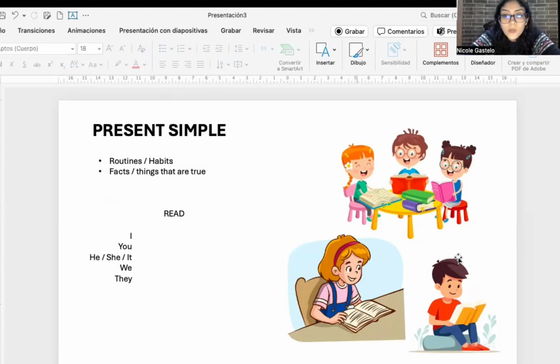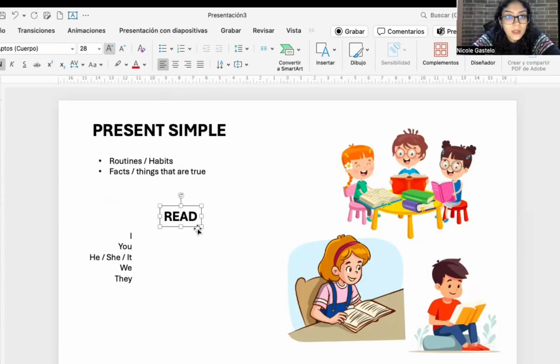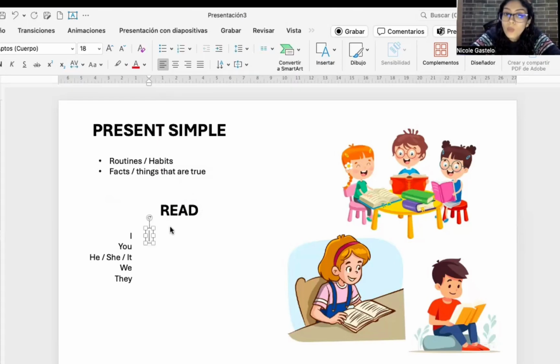So according to the pictures, my verb was read. This is my verb in its base form, its infinitive form. This is an infinitive verb, which means it is not conjugated. Remember what was the verb for I? I say I read. You read.